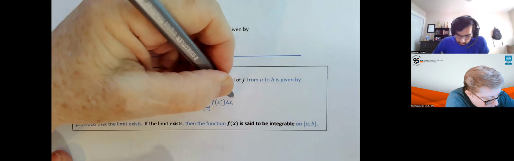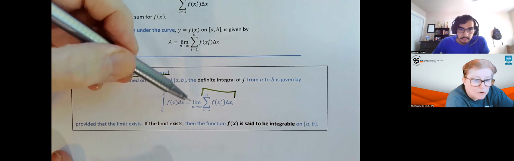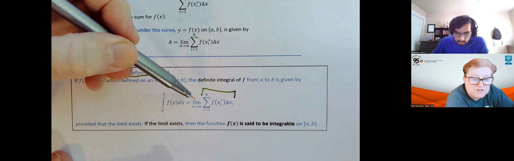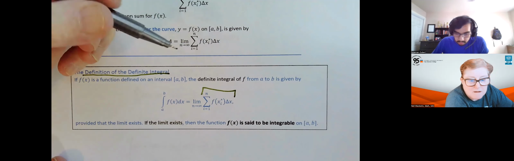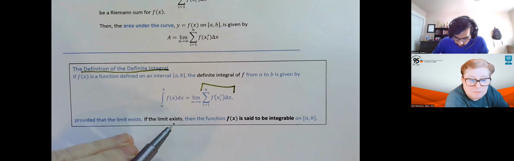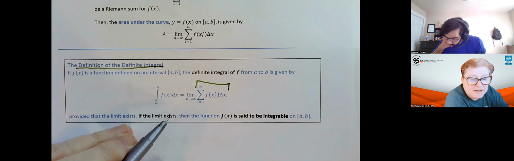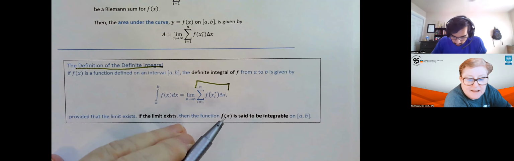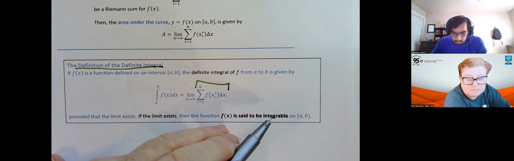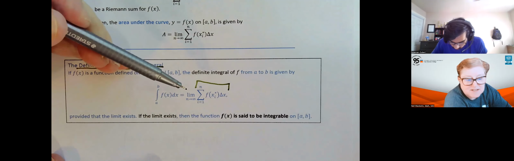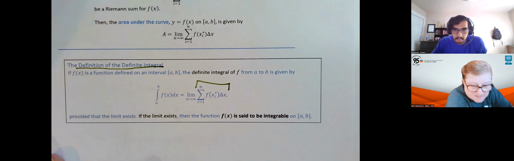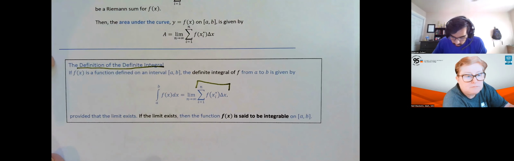So we're going to take the limit as n goes to infinity of that stuff. And this is important. If that limit exists, then we say that f of x is integrable. The limit might not exist, in which case f of x isn't integrable.